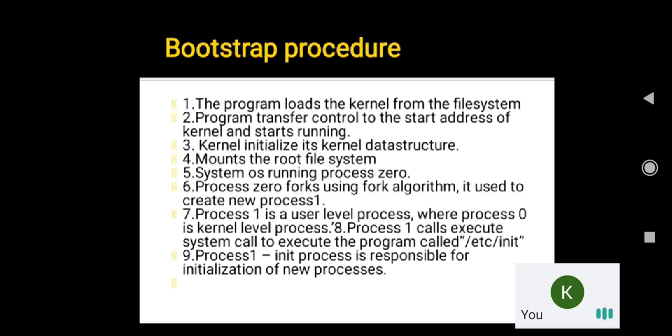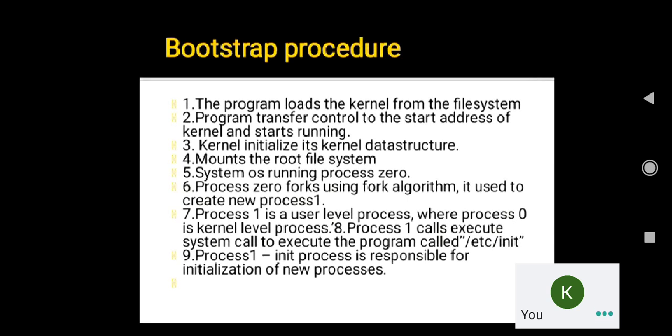And what is the seventh one? Process 1 we call the init process, or a user level process, whereas process 0 we call a kernel level process. You may get a question: is process 1 a user level process or a system level process, and is process 0 a system level process or a user level process?